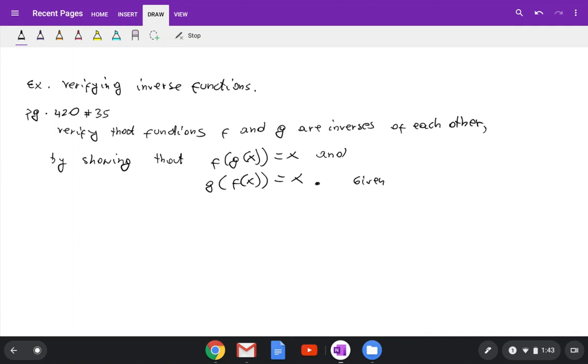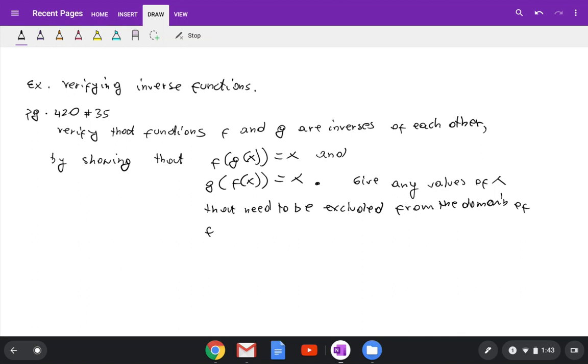Given, not given, give any values of x that need to be excluded from the domain of f and domain of g.